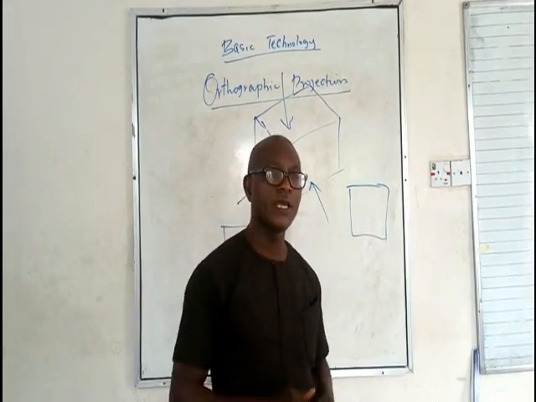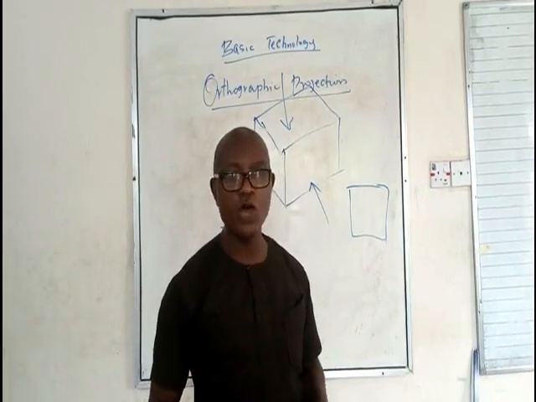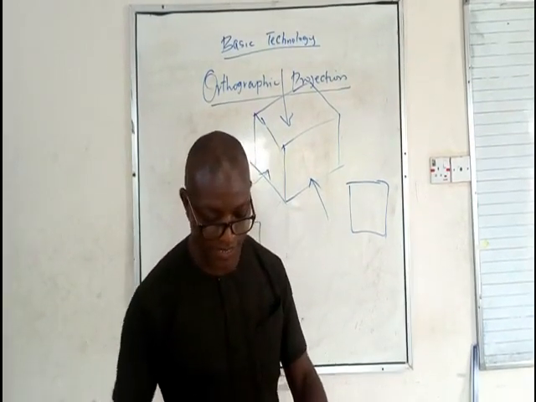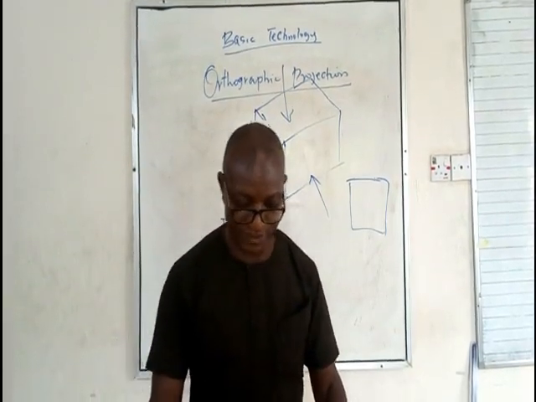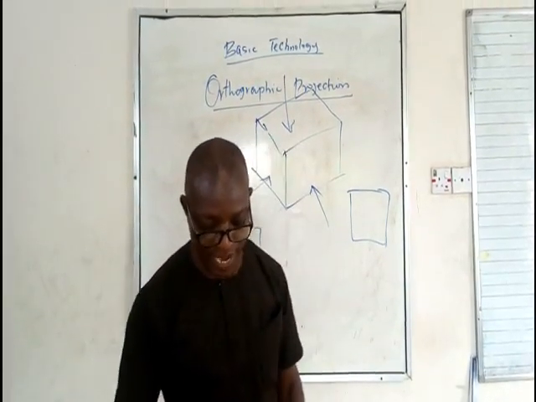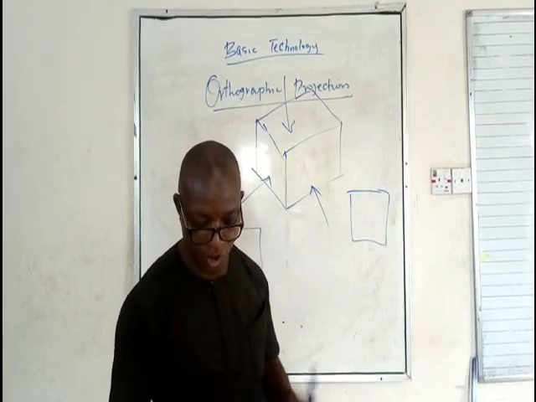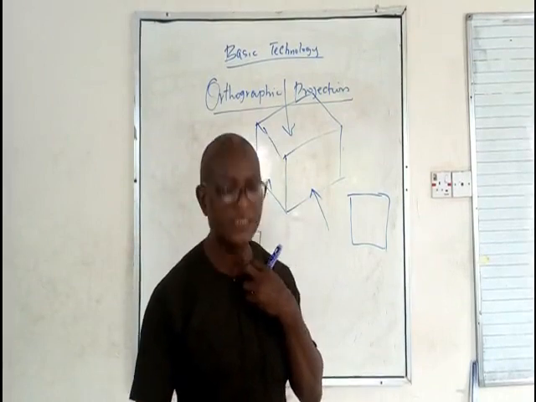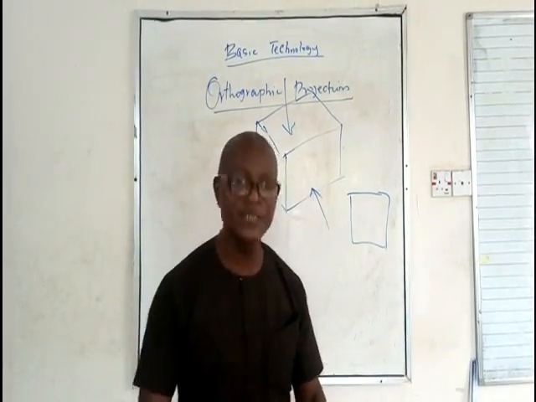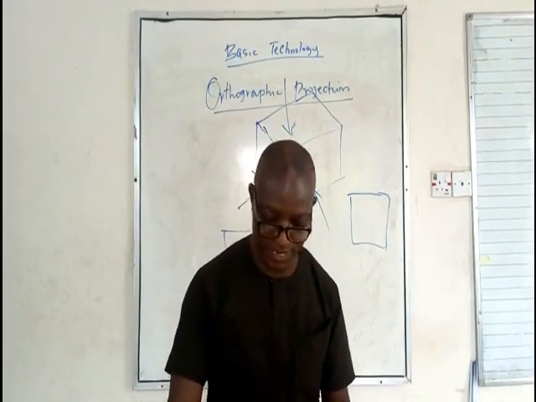The important thing we need to know about orthographic projection is that it shows all details of an object, and hence it is the only drawing upon which fabrications and constructions of objects, machines, and structures can be based.